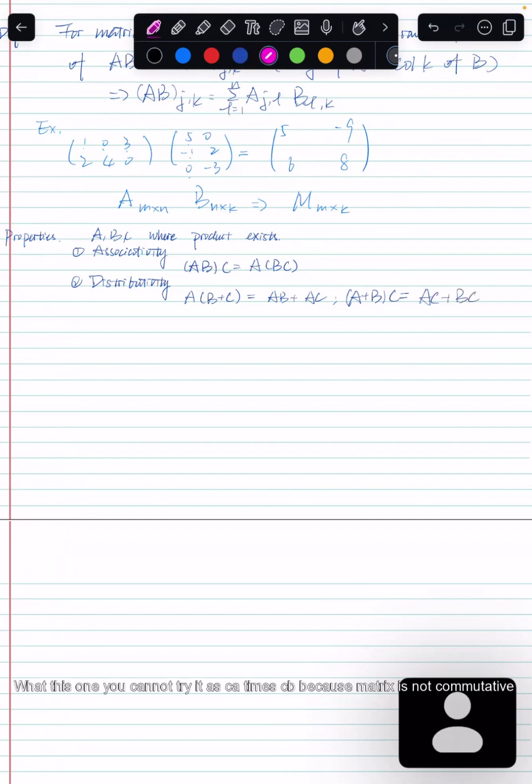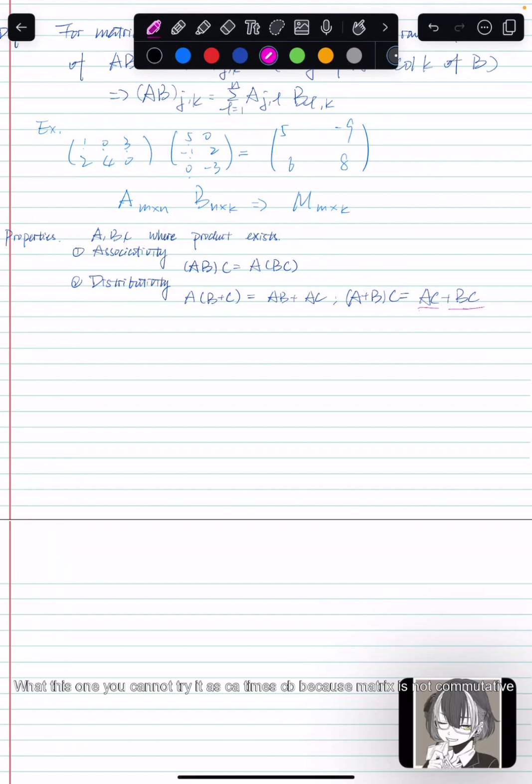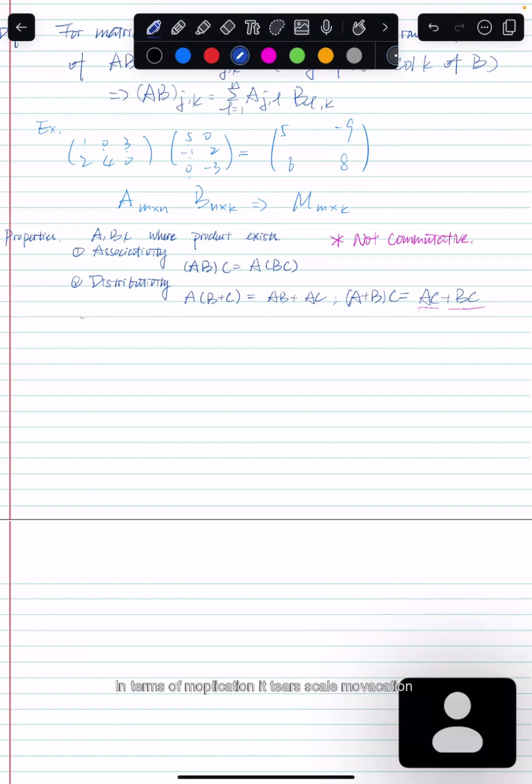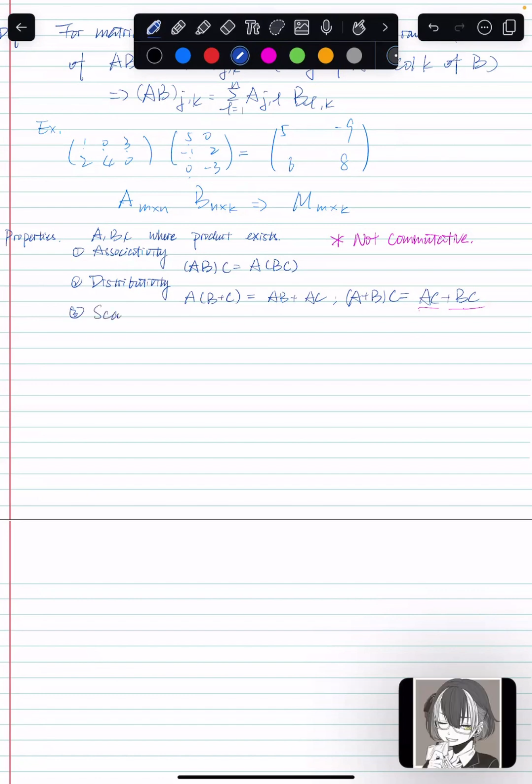But this one, you cannot write it as CA times CB because matrix multiplication is not commutative. Now, scalar multiplication is commutative.